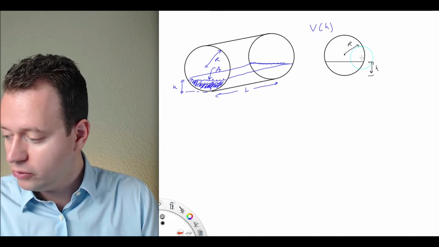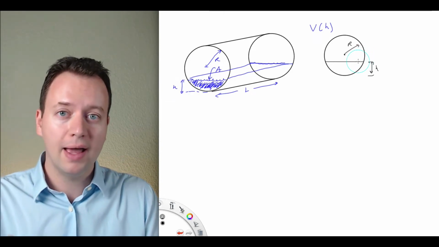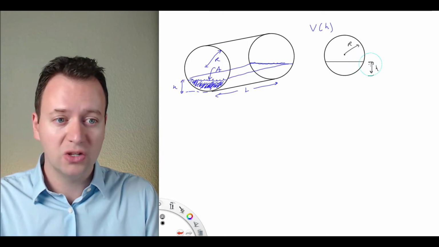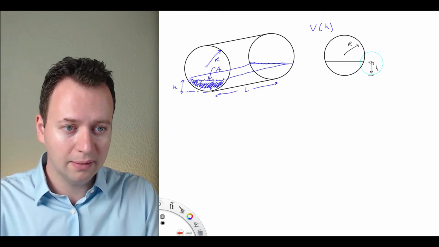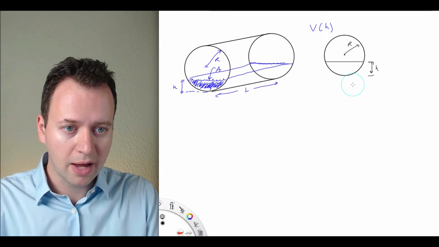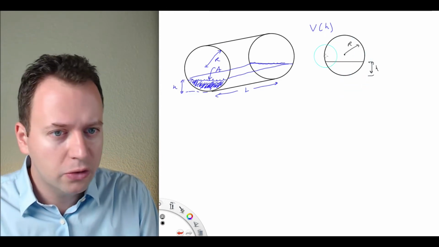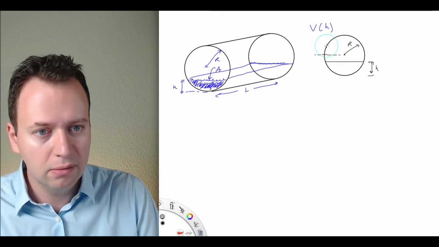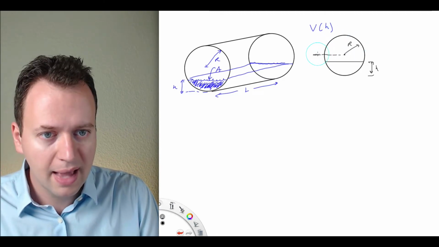Okay, in order to do this, first we need to identify our axis. So we need to define our variable. We need a variable of integration that's going to be integrating from this level to the bottom of the tank. So what I'm going to do for this variable of integration is assign the x-axis like this.